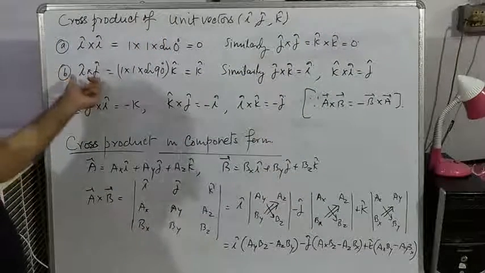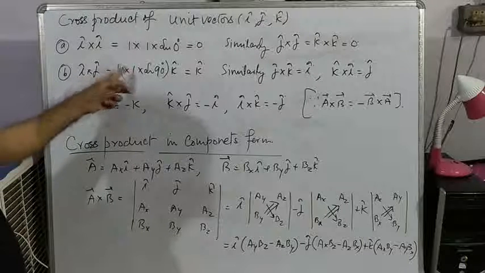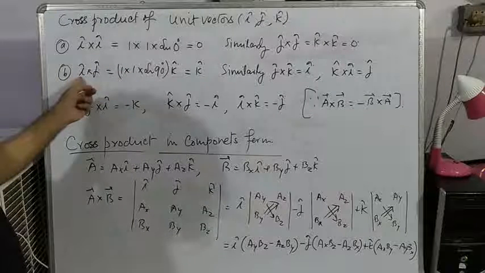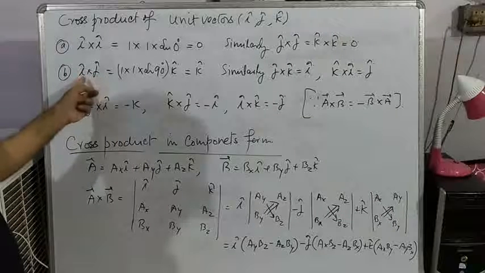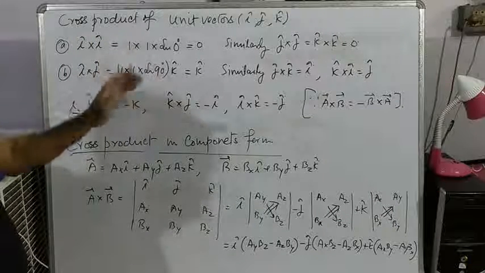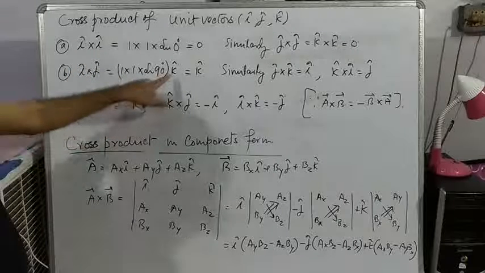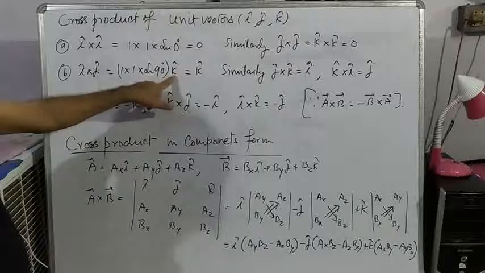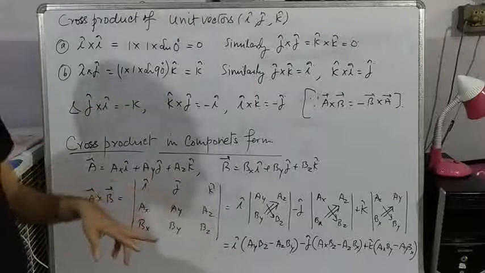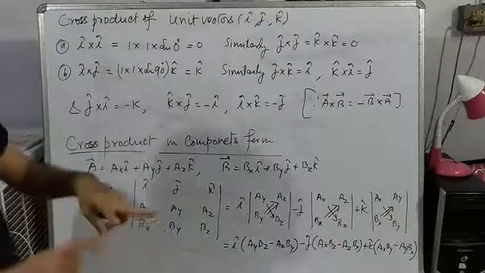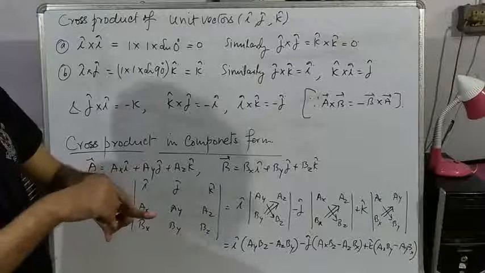Now I cross J, magnitude of I is equal to 1, magnitude of J again 1, I along x-axis, J along y-axis. So angle between them is 90 degree. Now, according to formula of cross product, some unit vector is introduced here, which is normal to the plane containing I and J. So I along x-axis, J along y-axis.